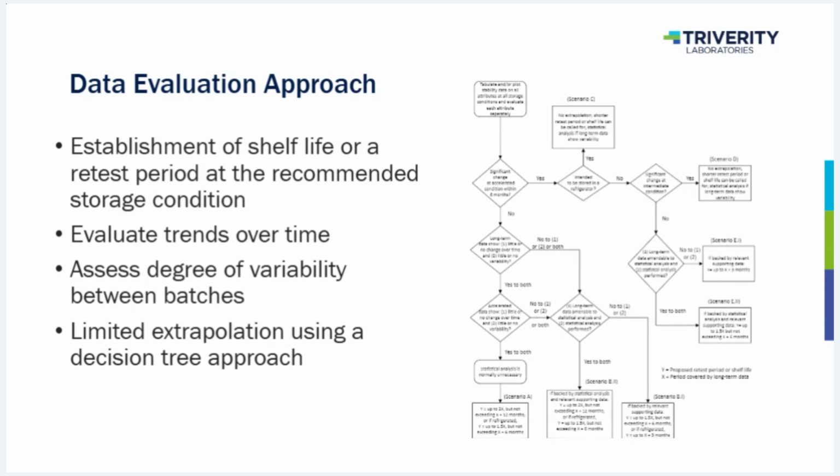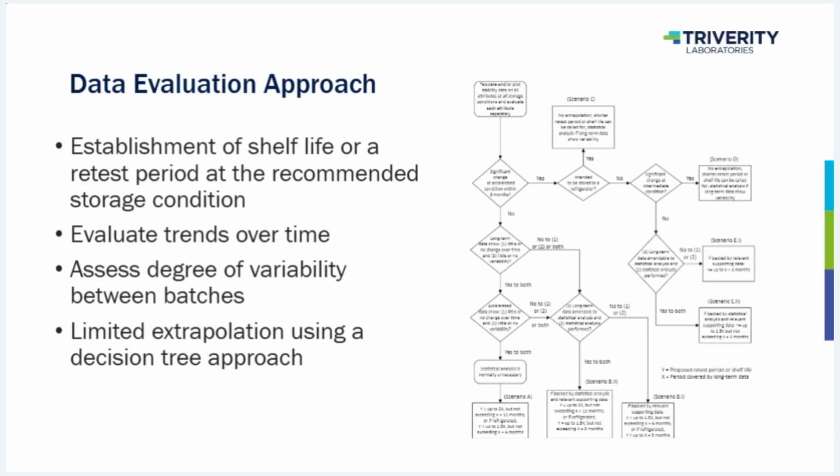You want to evaluate trends over time, and you also have to take into account the degree of variability between batches. That is when we talk about poolability, whether or not the different batches that are on stability can be pooled together. That means that they have a similar trend, and there's not a lot of variability between the batches. And there's limited extrapolation that you can do.